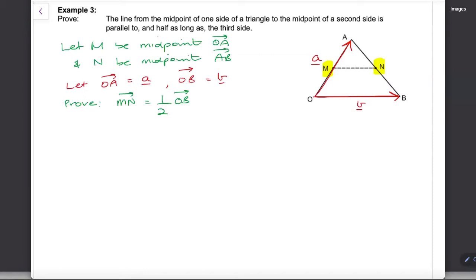So what we need to do is define this line MN. To get from M to N, I'm going to have to travel half of OA plus half of AB.